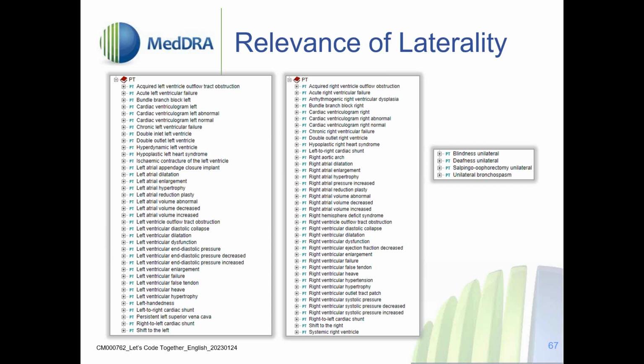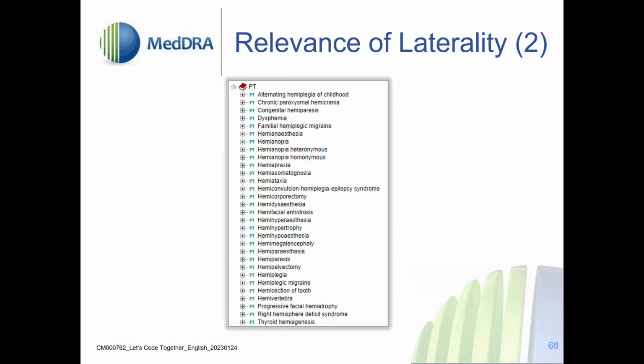Also for some unilateral terms which refer to, for example, special senses, this is really important, like unilateral blindness or unilateral deafness. For these conditions, it's really relevant to make this distinction, left, right, and unilateral. It's relevant for the cardiac conditions, and for the special senses, where it's really relevant to know whether the blindness is unilateral or affecting both eyes, and the same for the deafness.